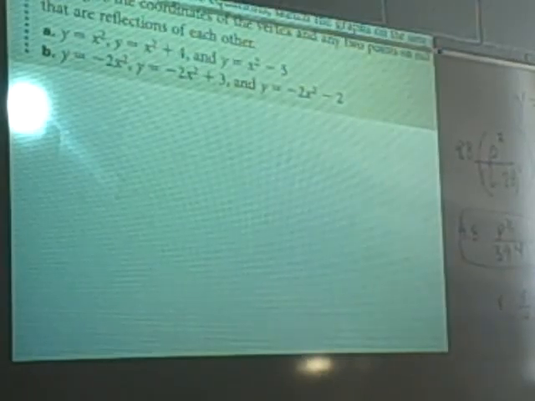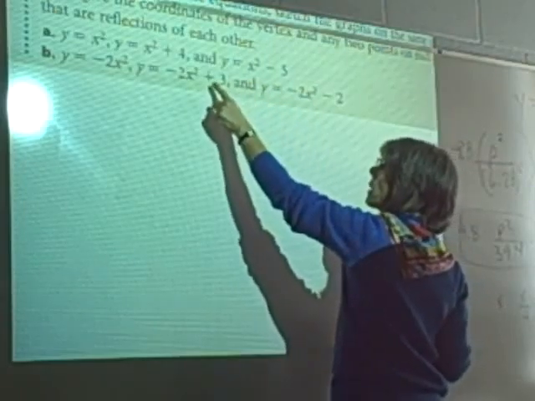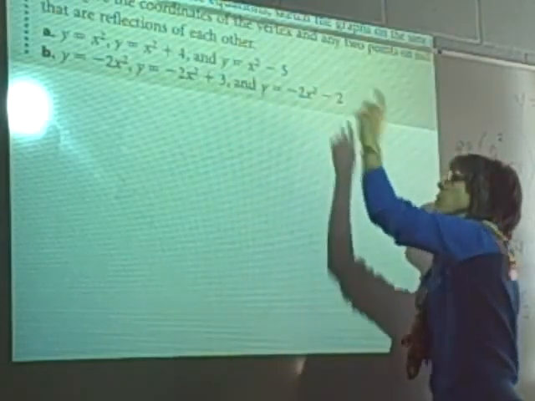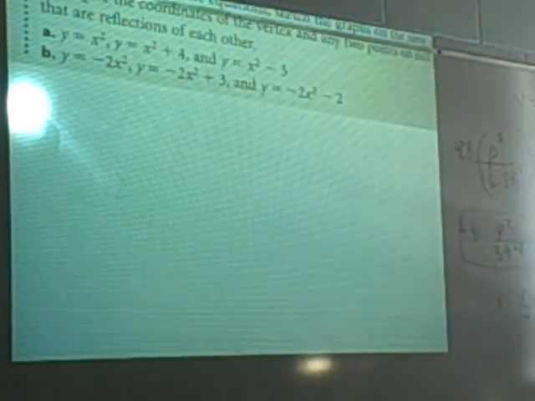And then the next one is y equals negative 2x squared, sorry, minus 2. So the parent is the same in all of them, but the constant was plus 3, and this is minus 2. Oh, makes a nice little bump.